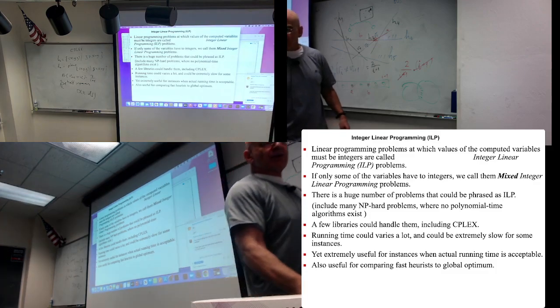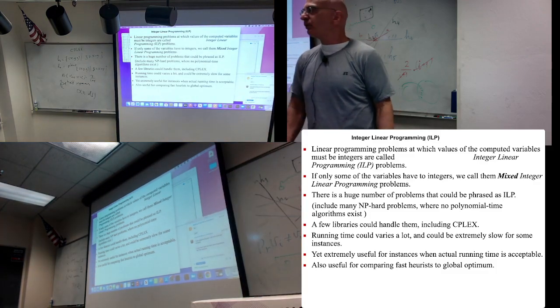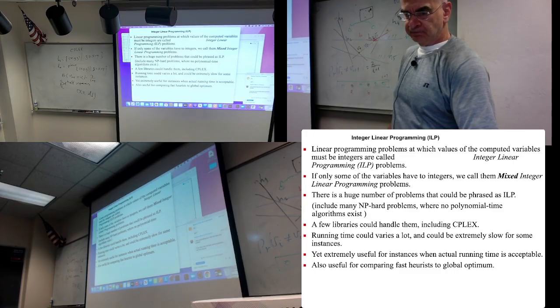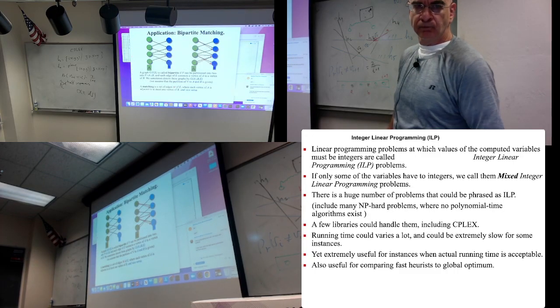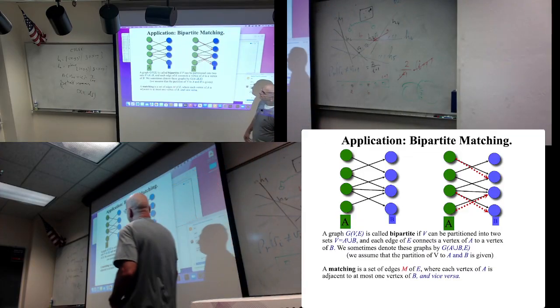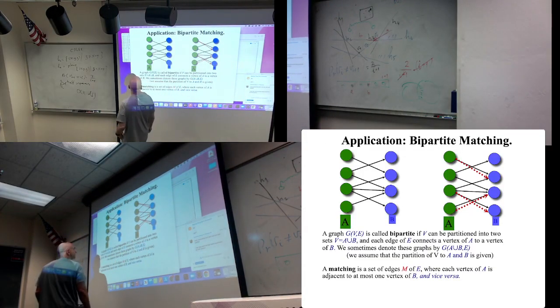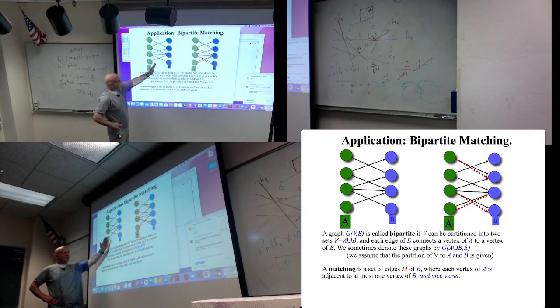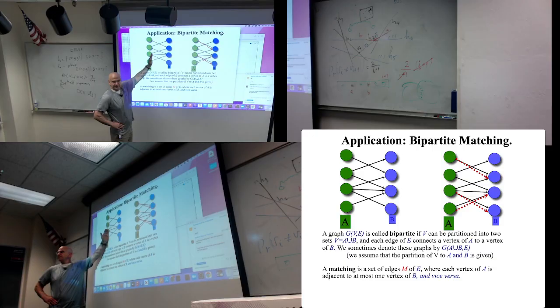Okay, so let's see some examples where we are using ILP on other problems. Bipartite matching. What is bipartite matching? We have a graph, and this graph is bipartite.